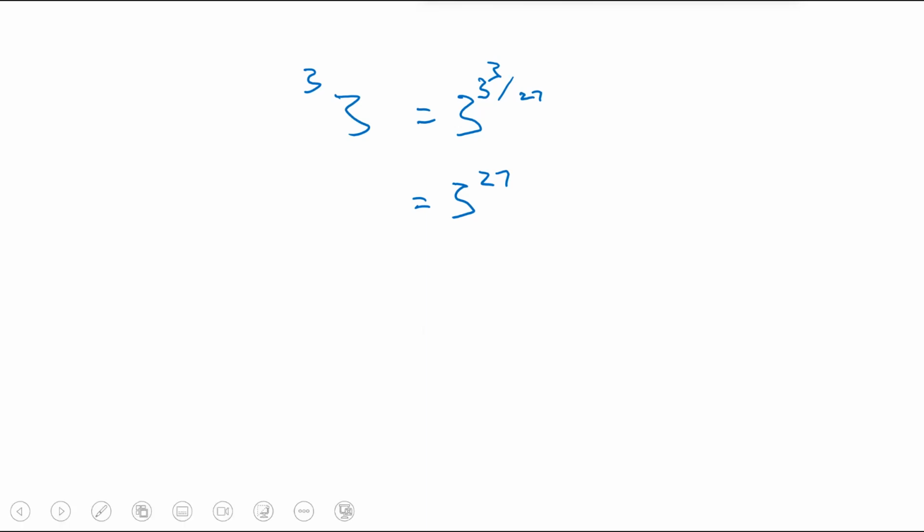It is, in fact, equal to 7,625,597,484,987. And no, there are no decimal places here. 3 to the 3rd tetration is equal to 7,625,597,484,987. That is a massively large number. And all we've done is 3 to the 3rd tetration.